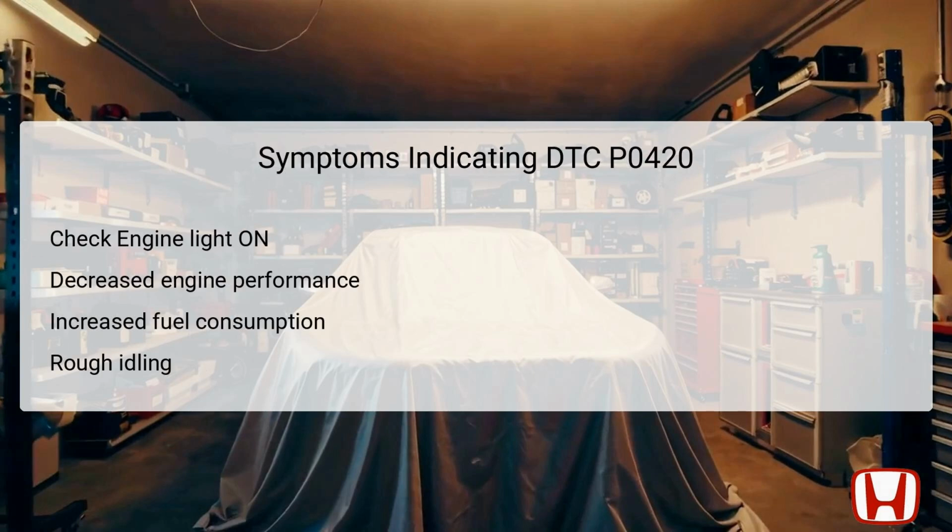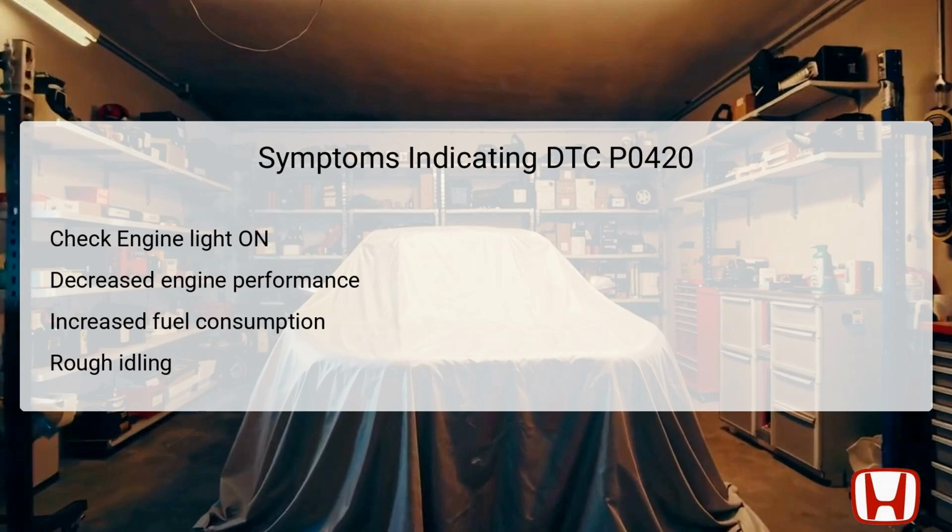When the DTC P0420 is active, drivers may notice several symptoms indicating a problem with the catalytic converter. The most immediate indicator is the illumination of the check engine light on the dashboard, alerting the driver to a potential issue requiring attention. Alongside this, drivers might experience a decrease in engine performance, noticeable as sluggish acceleration or hesitation during driving.